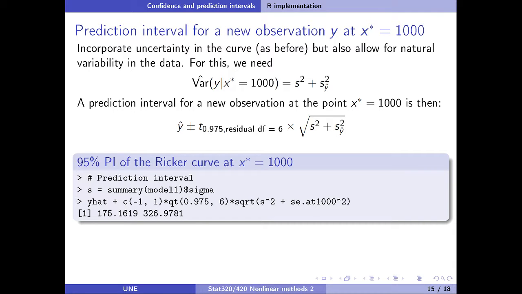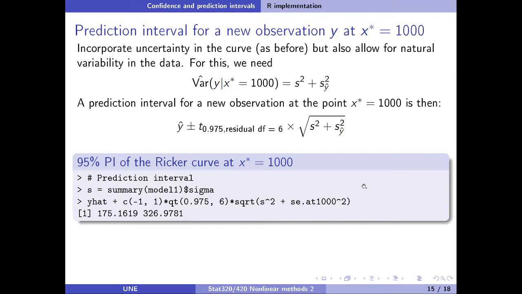So if we want to calculate a 95% prediction interval for the Ricker curve at x star equals 1000, we first need to extract s, and we can get this from our model output, summary of model 1, $sigma. That's our best guess for sigma. So that'll be s, y hat plus or minus the t-statistic times the square root of s squared plus our standard error squared.